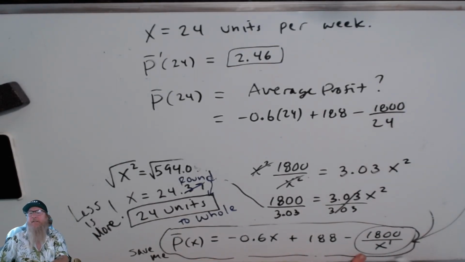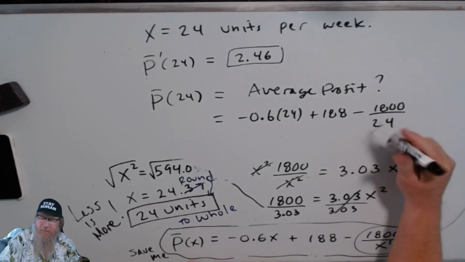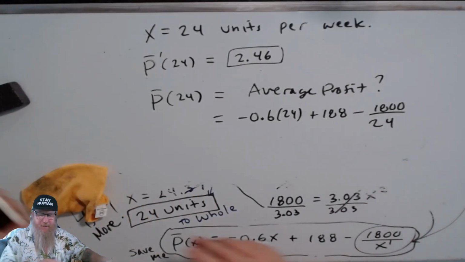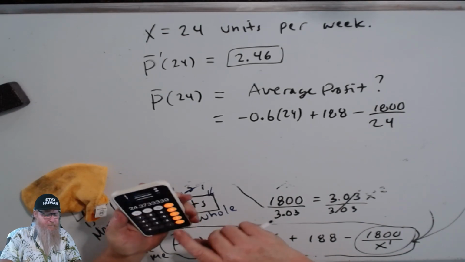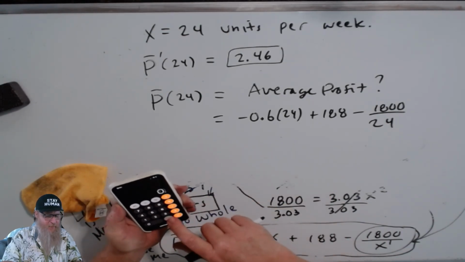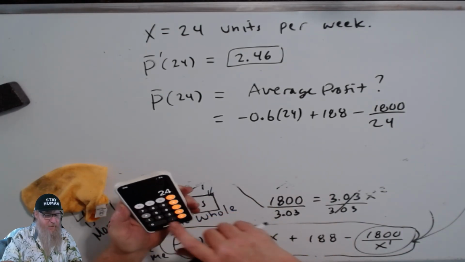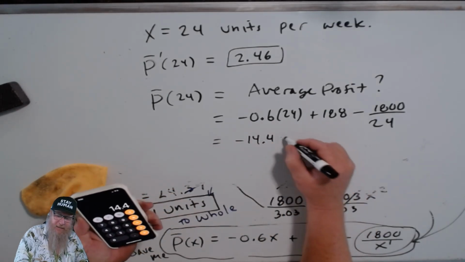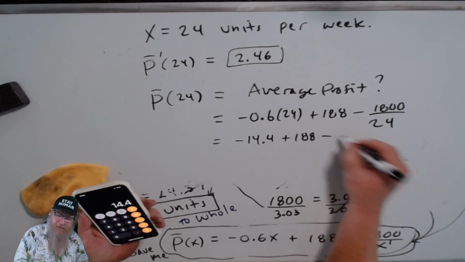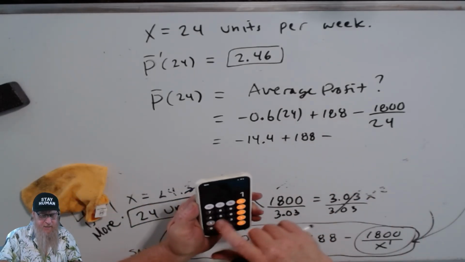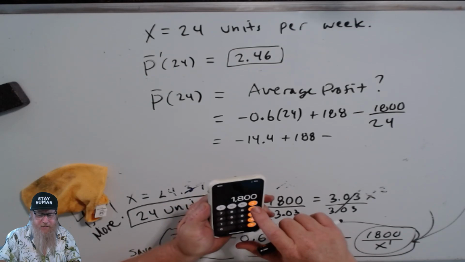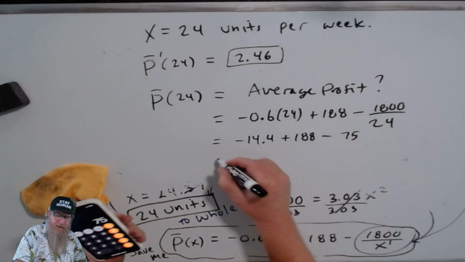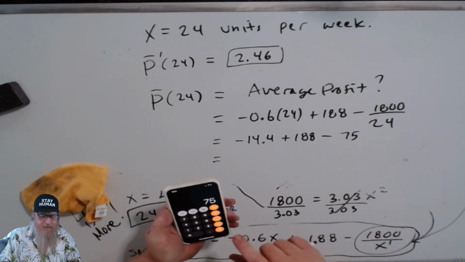Just keep this, and you might need it later in the problem. Let's see, 0.6 times 24 units. So negative $14.40 plus $188 minus 1,800 divided by 24, which is 75, and now it's just arithmetic.